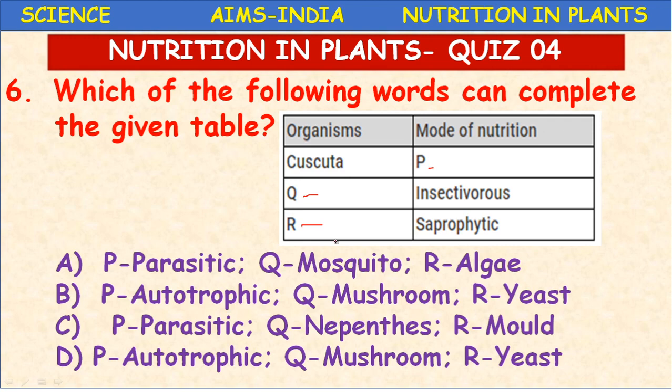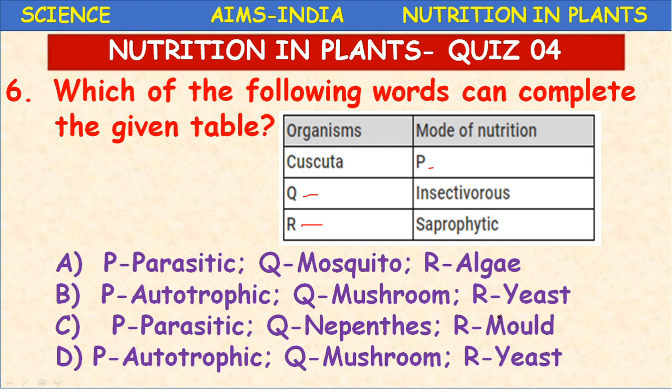Okay. Next, option R, saprophytic nutrition. What are the options given here? Alga, yeast, mold, these three. So mold. Okay. So here what is the right option?